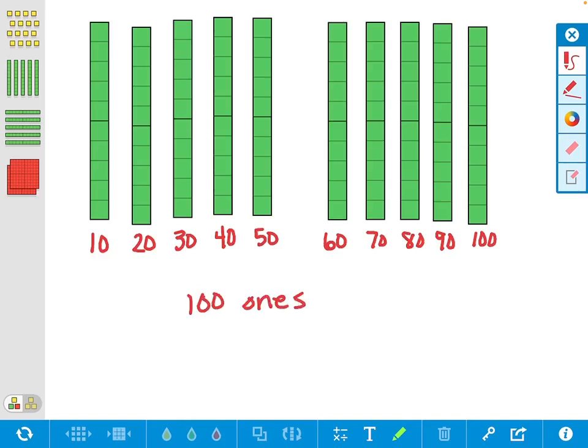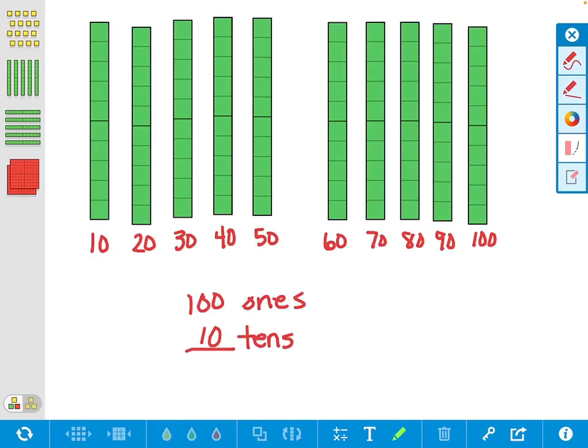But if I wanted to look at the stacks that have 10 in each, how many tens would that be? Well, let's count the tens. I've got 1, 2, 3, 4, 5, 6, 7, 8, 9, 10 tens. So I have 10 tens, right? Now, here's the next question.